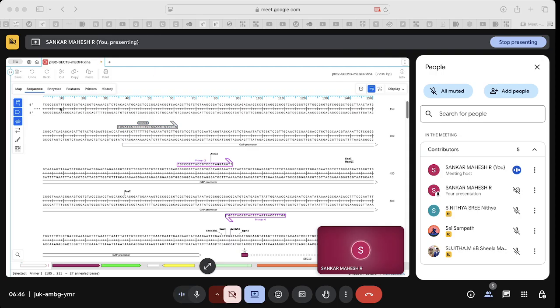Let's say we add an overhang here, and similarly we do it from some other region. So in those cases, multiple primers can be used. Multiplex PCR, I think, is also one such method where you can use multiple primers to increase the length of your amplicon.